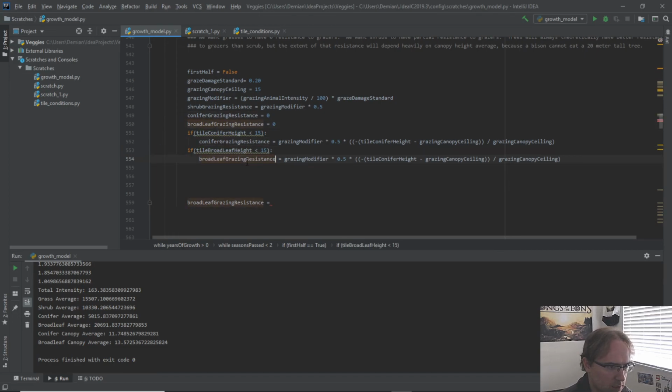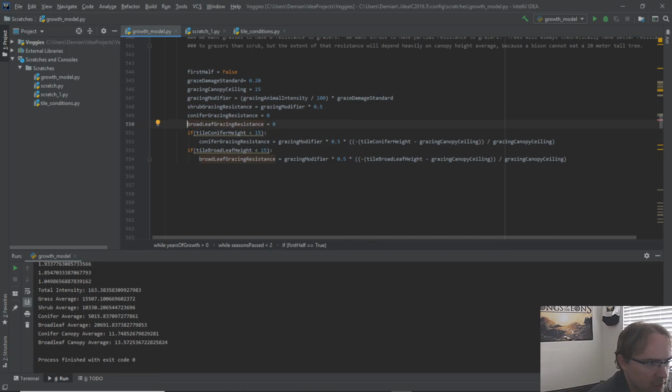Broadleaf grazing resistance, blah blah blah. Heights, grazing canopy ceiling. Okay. So let's do some hypotheticals.